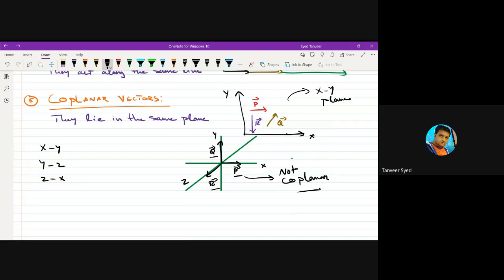A plane is a surface, a region bounded by only two surfaces. Your tabletop is a surface. Your entire table is not a surface. You can imagine a room also. A room is not a surface. A wall is a surface, the floor is a surface, the roof is a surface.